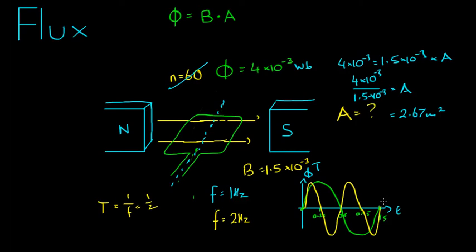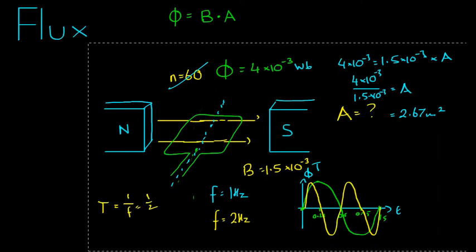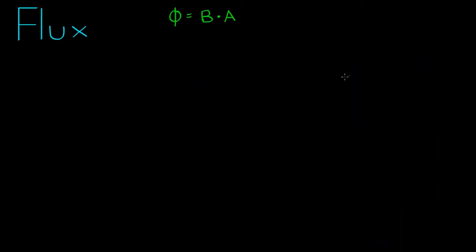Now the last question I'm going to look at is a question involving an electromagnet and a coil. So I'll draw the electromagnet here. Now the dotted lines are the lines in the background, and the solid lines are the lines in the foreground.